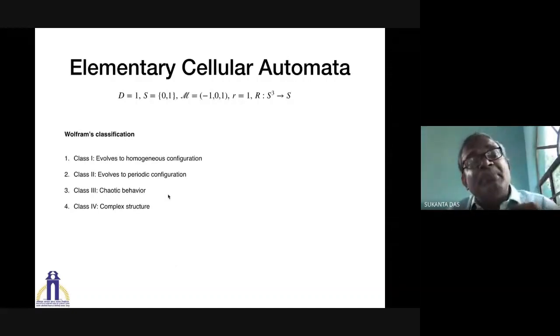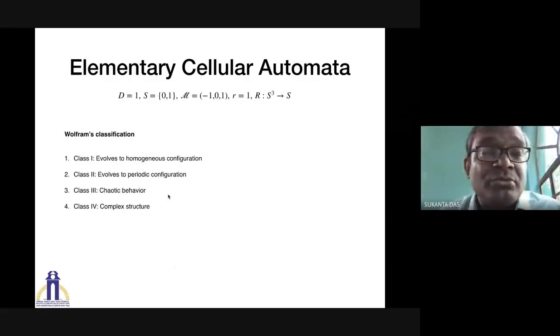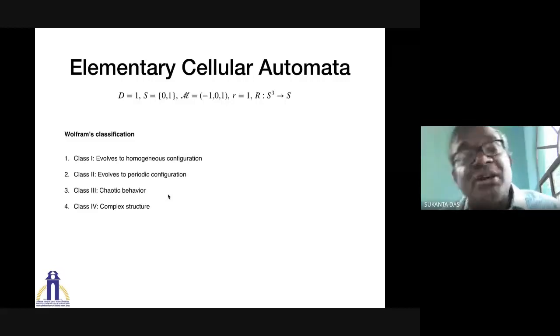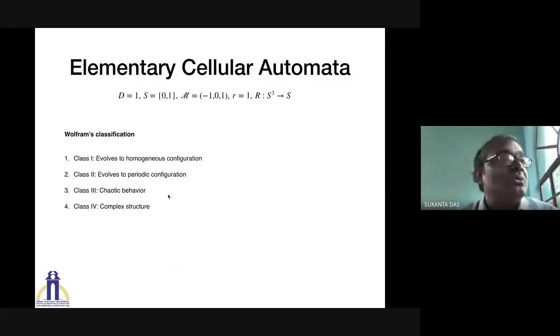Using this simple binary structure, a 1D array, one can emulate a universal Turing machine, which means whatever your computer can do can also be done by rule 110, a simple rule.